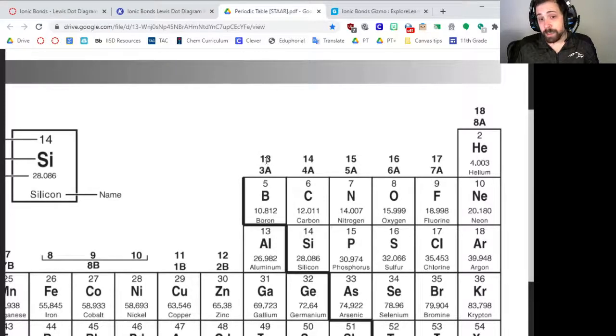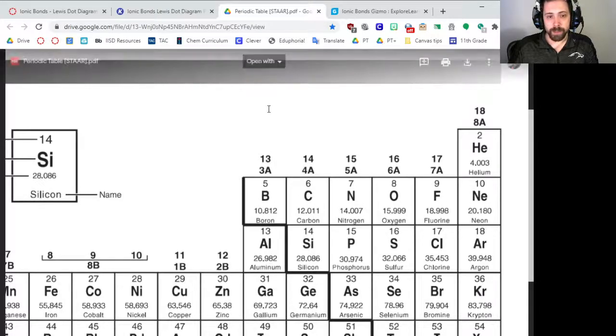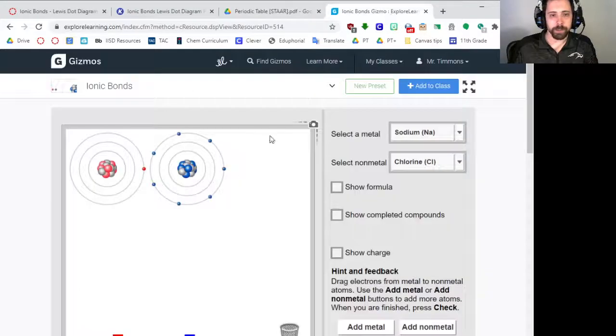So instead of 13, it's really 3. So this is all 3 valence electrons. This is all 4 valence electrons. 5, 6, 7. And here's our magic number, 8 valence electrons, except for helium, which is 2. There you go. So there's our easy rule for valence electrons.